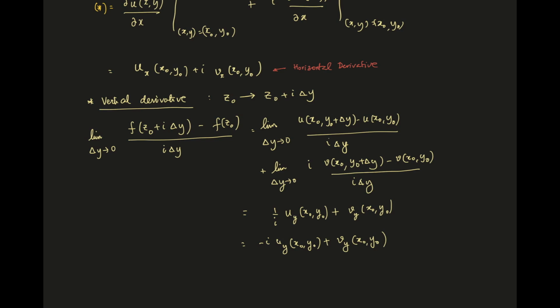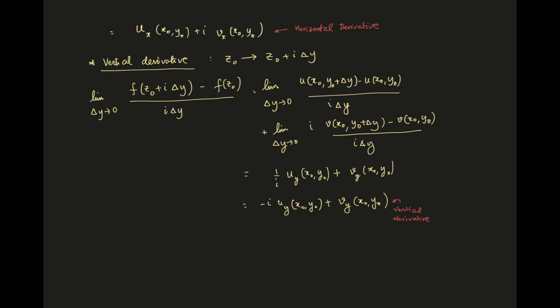So the first thing we calculated was the horizontal derivative, and what we just now calculated is the vertical derivative. Okay, and we said that if f(z) is differentiable, then the horizontal derivative should be equal to the vertical derivative. In other words, both the real and imaginary parts of these should be the same.